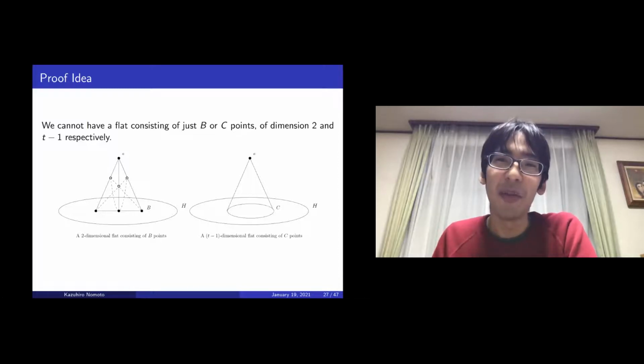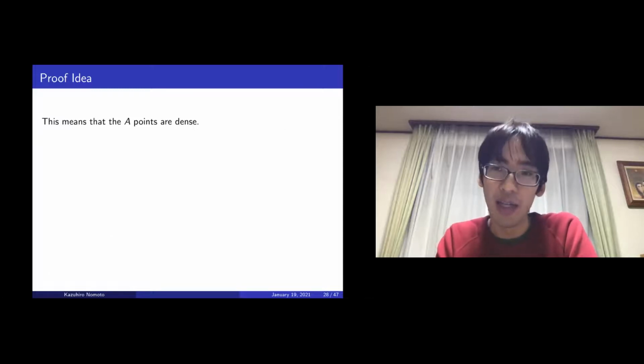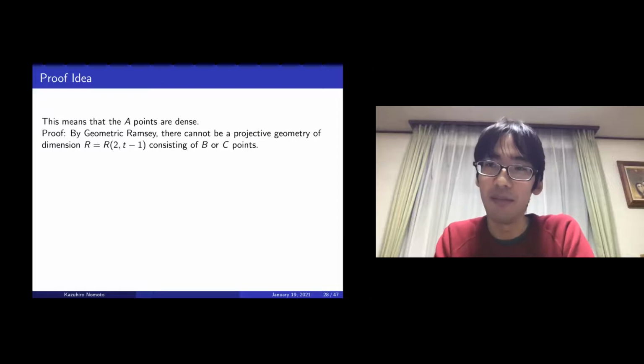This is enough to say that the A points are dense. I'm sure there's a better way of saying this, but the way I saw it first was using geometric Ramsey.